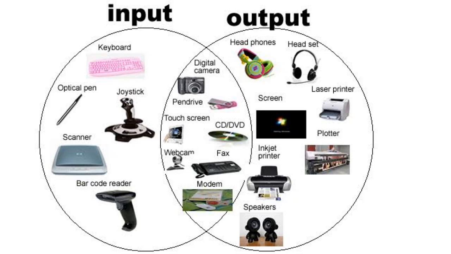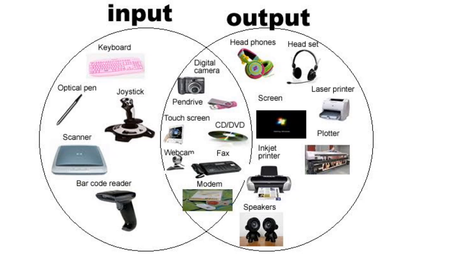Plotter is a kind of printer, a large printer that will produce large images like panaflex and banners. Laser printer is also a type of output device because it will push the paper out from the printer. That is why it gives the result as output. That is why it is known as output device.